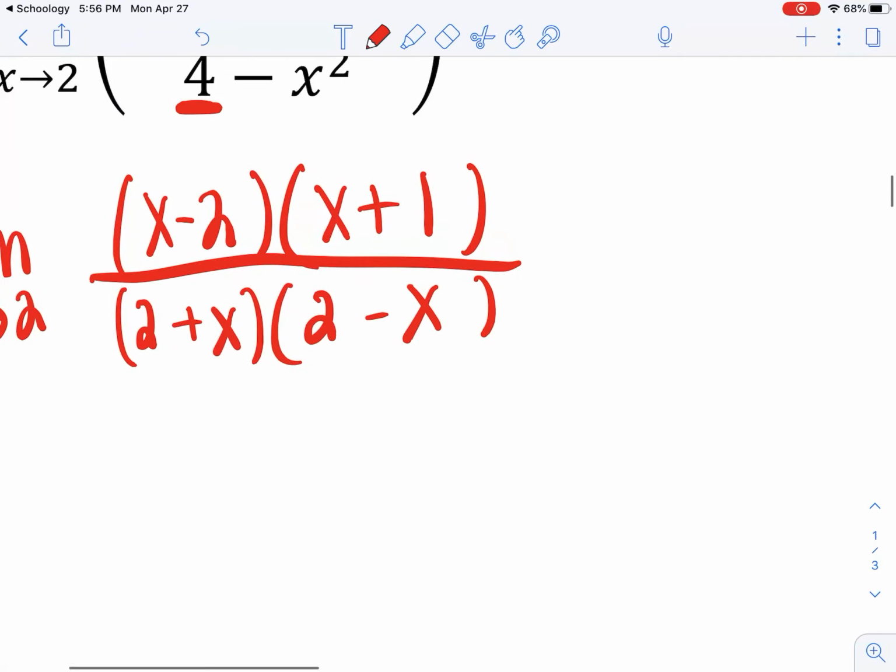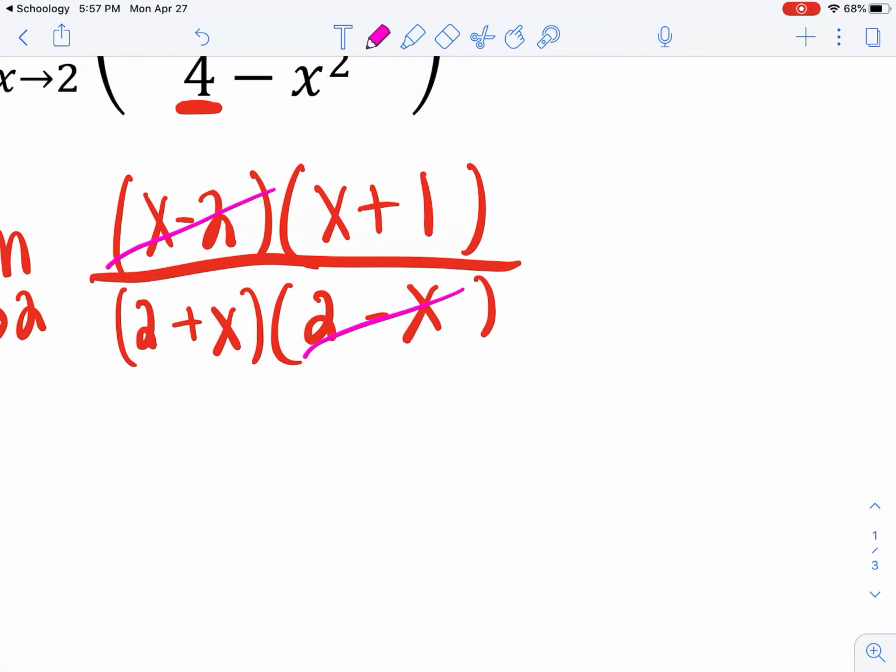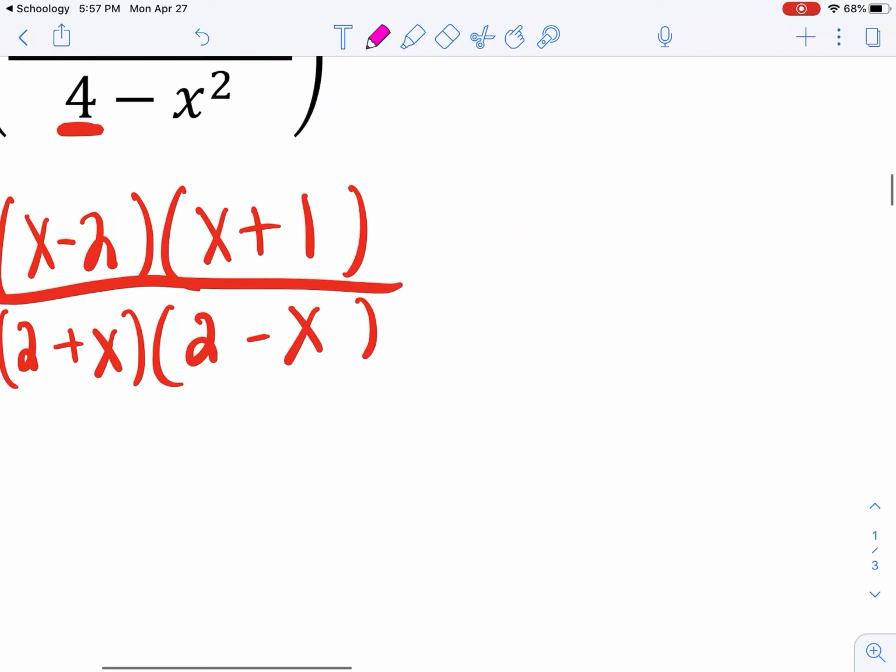All right, now I want to look to see if anything cancels out. People right away will say these cancel out. That is not true. x minus 2 and 2 minus x are not the same thing, because 5 minus 2 and 2 minus 5 aren't the same thing. Think about plugging in any number you want there. I like 5. If I plug in 5 minus 2, I get 3.